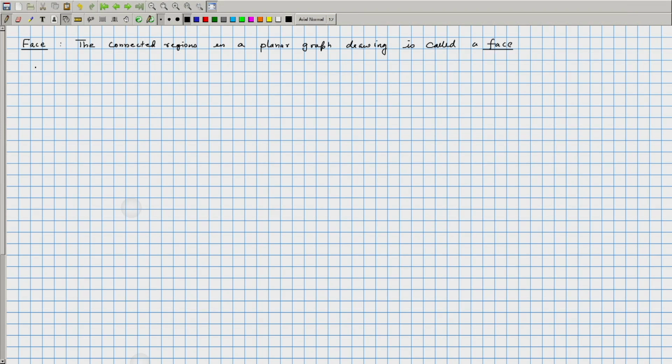Now we are in a position to state Euler's planarity theorem. If V is the number of vertices, E is the number of edges and F is the number of faces, then V minus E plus F will be equal to 2.